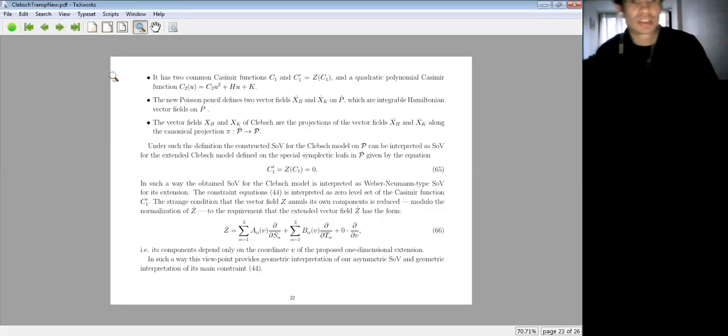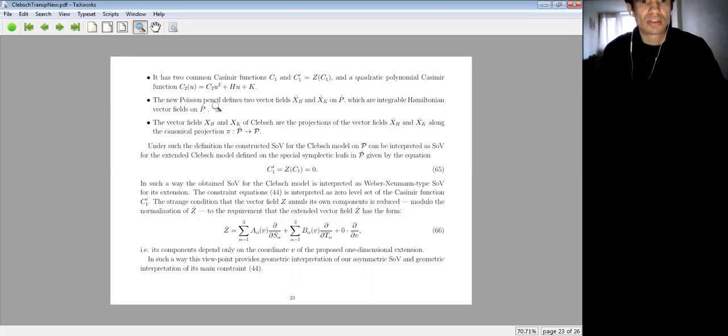We obtain that this extended Poisson pencil has two common Casimirs, C1 for all brackets of the pencil, and C'1, which is simply zeta of C1, and the quadratic Casimir C2 of U as previously.